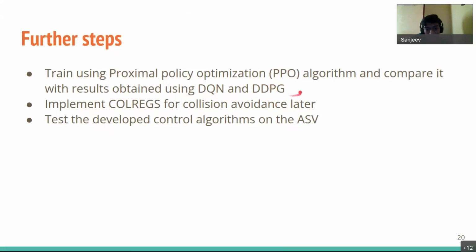But in PPO the difference is your loss function. They define a loss function and it will be limited to a certain value. So the updates are supposed to be more stable in PPO. That is one thing. We will actually know the difference between them once we implement them and compare, isn't it?